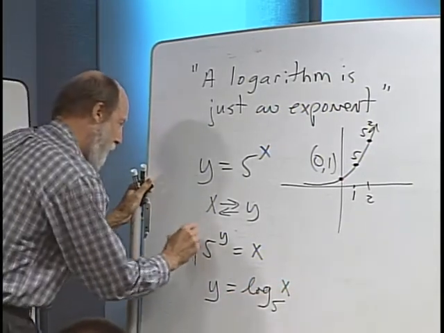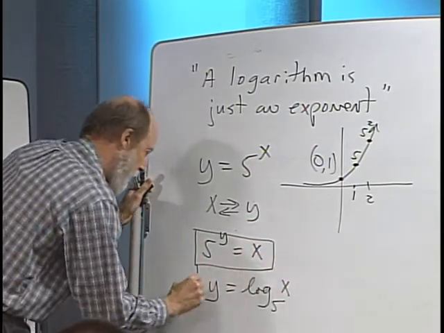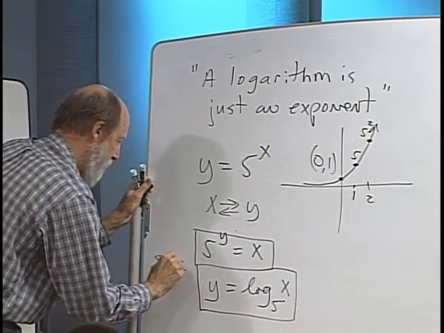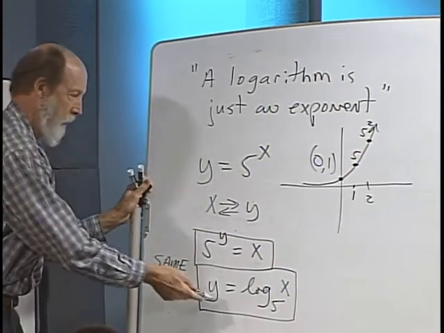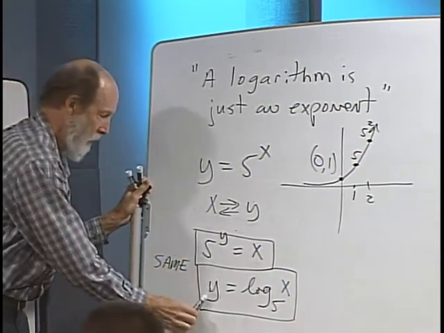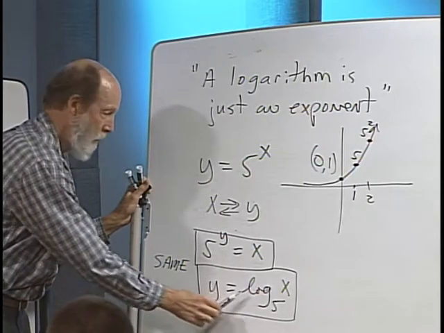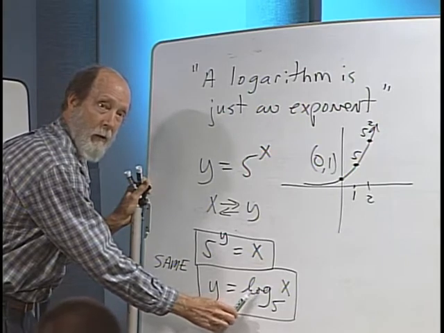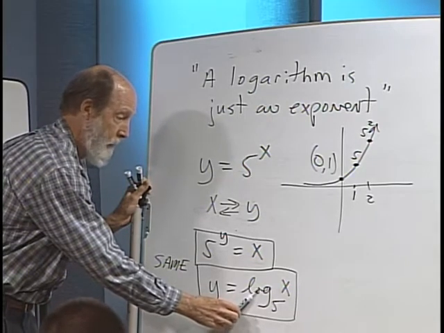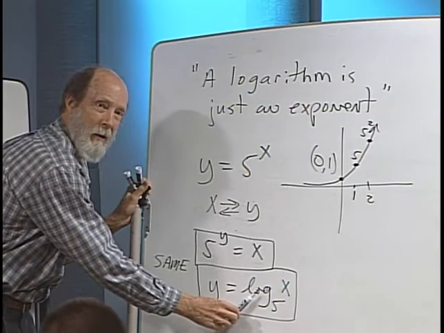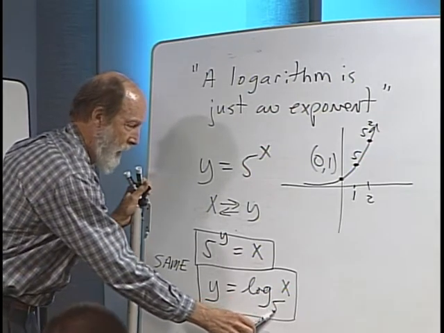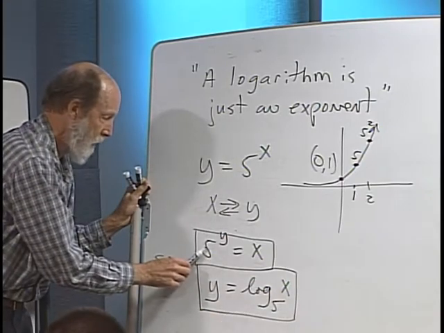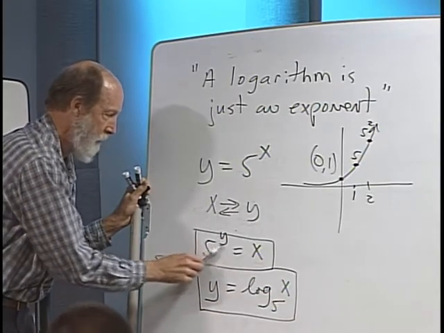So these two expressions are the same. In other words, when you see a logarithm, folks, you can substitute mentally, or say it out loud if you wish, the word exponent. What's the exponent of 5 that gives you x? Look at this right here. What's the exponent of 5 that gives you x?